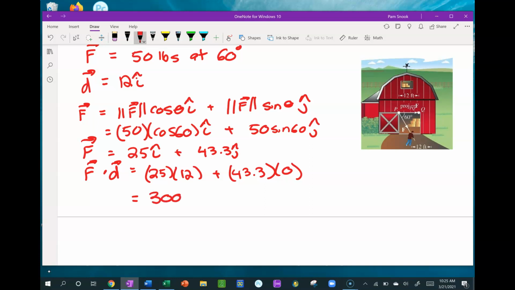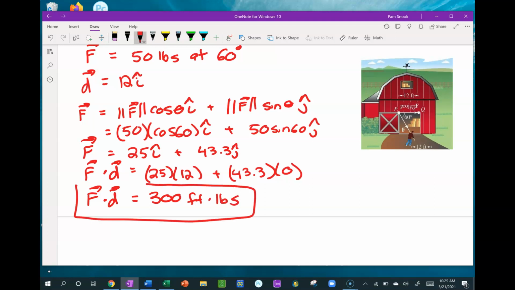And my answer for this work, the F dot d, is going to be 300 foot-pounds. Foot-pounds is kind of an obscure unit. If you're taking physics, you might do more in newtons or joules.